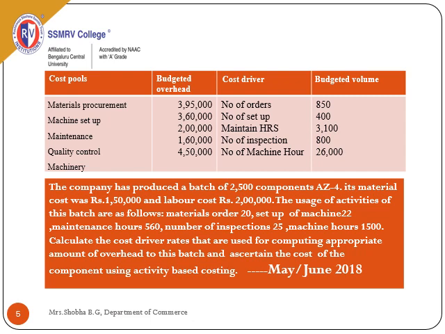Then calculate the cost driver rates that are used for computing the appropriate amount of overhead to this batch, and ascertain the cost of the component using activity based costing. So they are asking us to calculate the total overhead and also to find out the total cost of this component by using the ABC method.